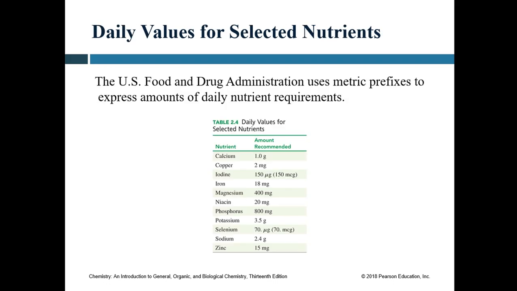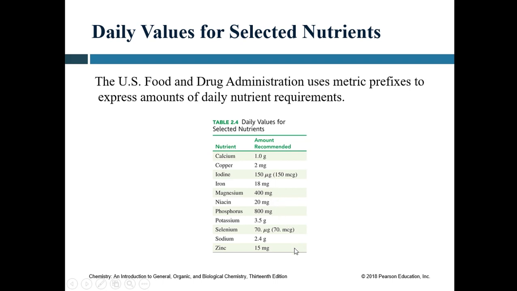You will notice, as you look on the back of whatever your can, that the U.S. Food and Drug Administration uses metric prefixes to express amounts of daily nutrient requirements. So you're talking about a gram, a milligram. I'm hoping you know that a milligram is 1,000th of a gram, so much smaller than a gram. And a microgram is really little.